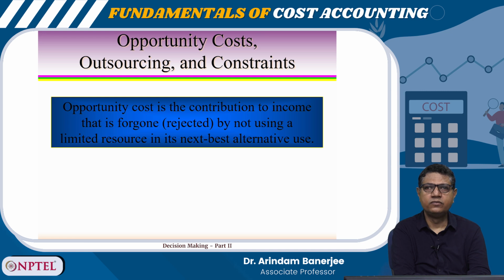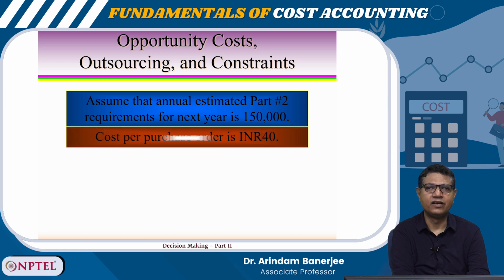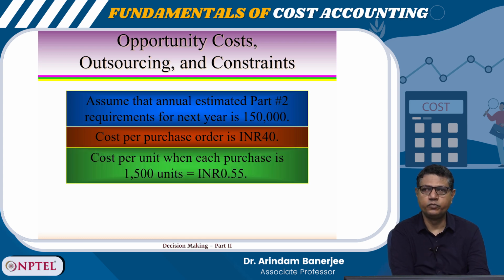Now, this opportunity cost is the contribution to the income that is foregone by not using the limited resource in the next alternative use. Now, assume that the annual estimated Part 2 requirement for next year is 1,50,000. So, cost per purchase order: if it purchases, the cost per purchase order is 40 rupees.